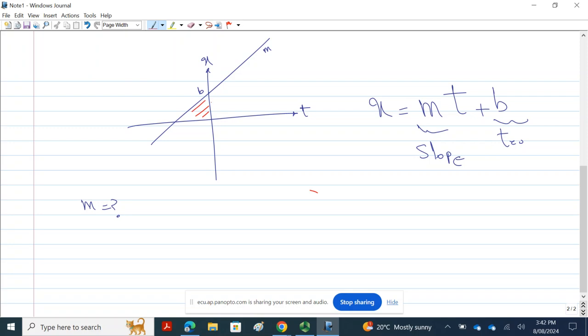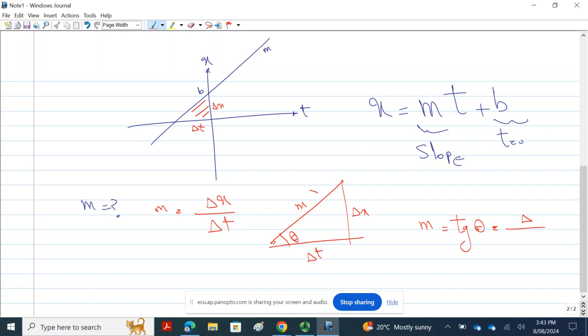That's going to be delta x, that's delta t. And then your m will be delta x over delta t. M is equal to the tangent of this angle, theta. So m, or the slope, is equal to tangent of theta, which is equal to delta x over delta t.